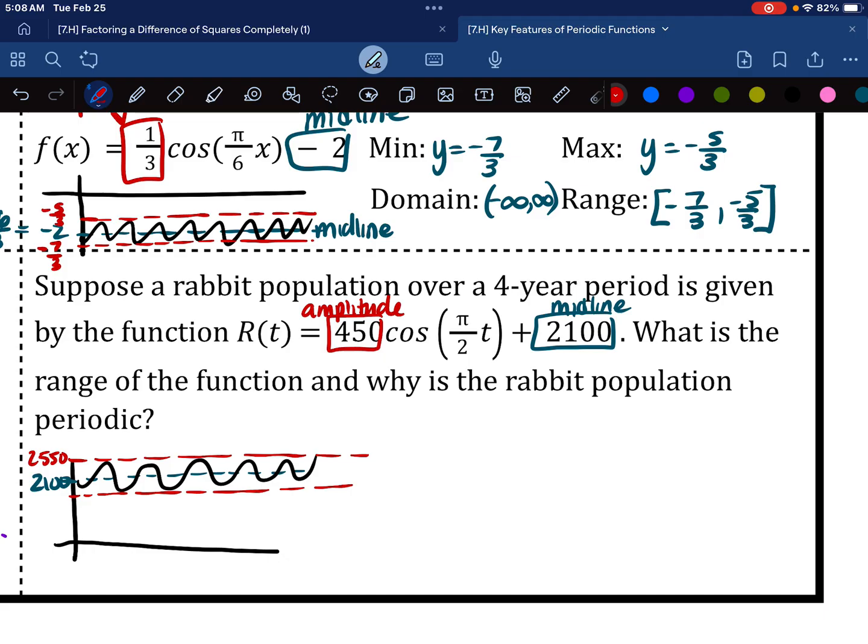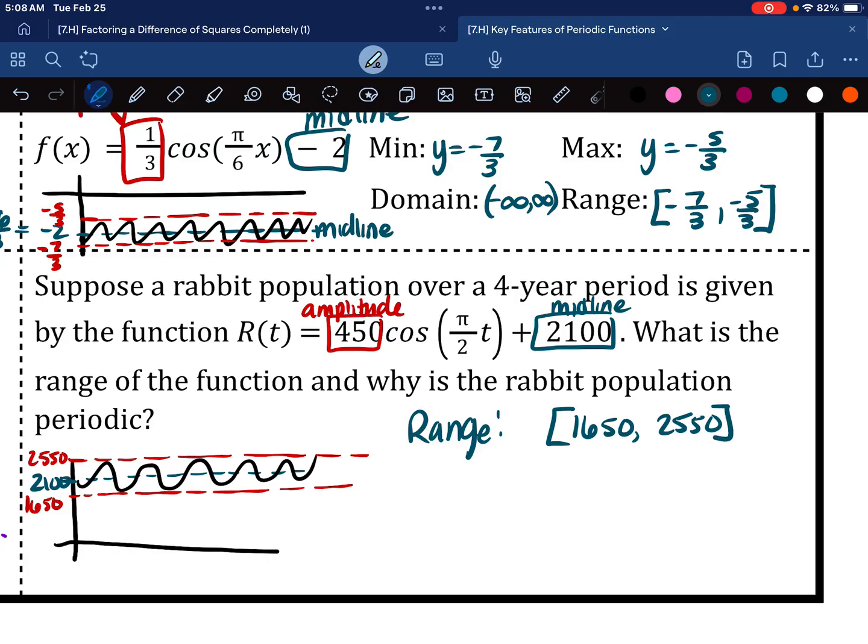That's 1650. So sometimes those numbers can be a little ick, yeah? Okay, so my range, it's at 1650 in the bottom. That's my minimum. And it goes to 2550 in the top. That's my maximum.